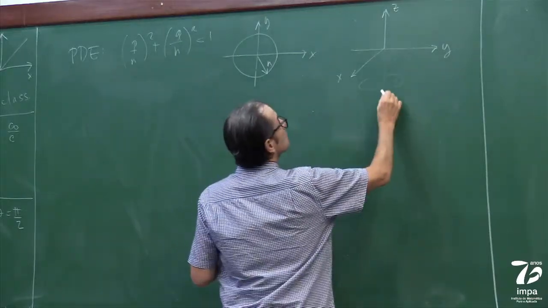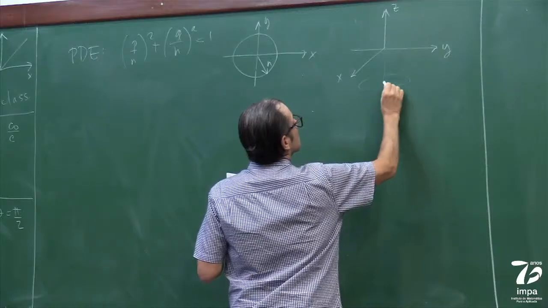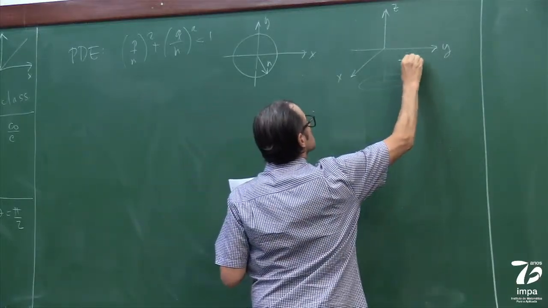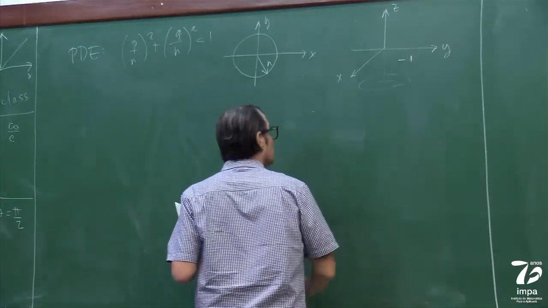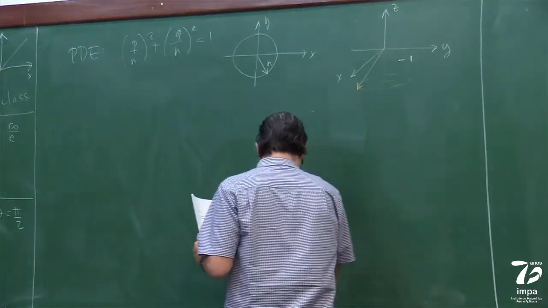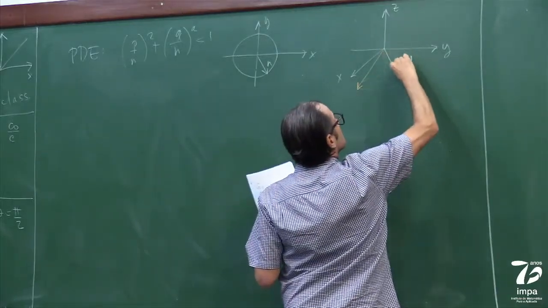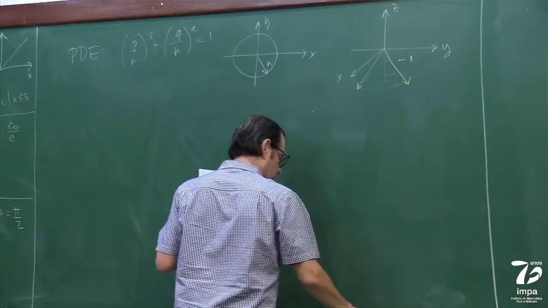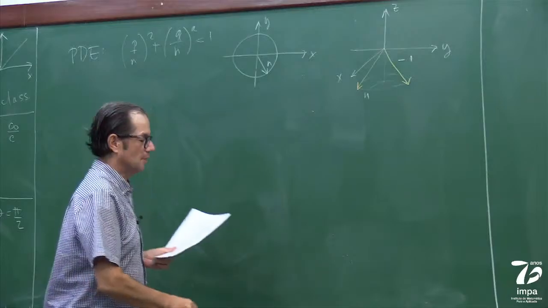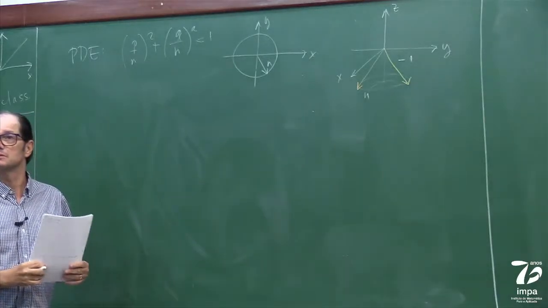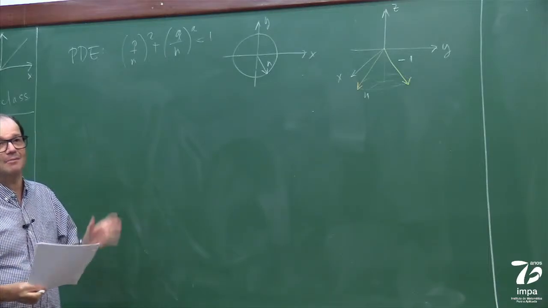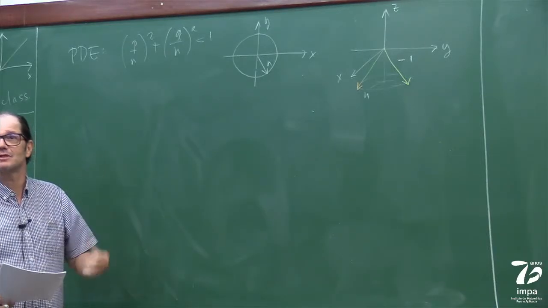If I come down, minus 1, and I have here a radius of n. What am I doing? I'm on purpose not saying everything for this.